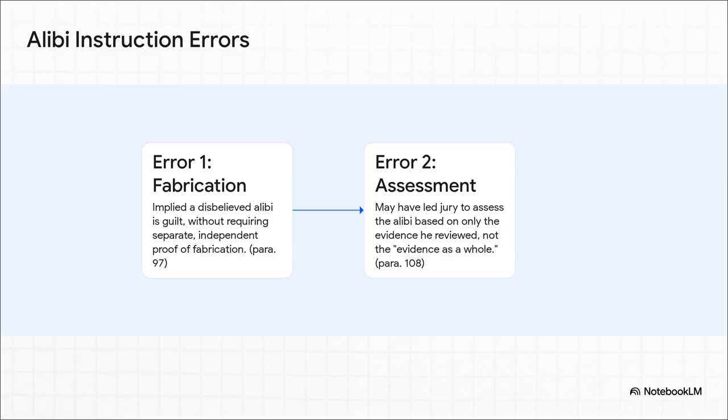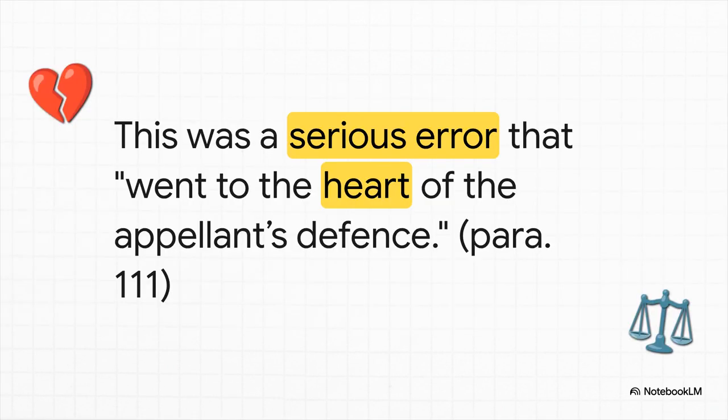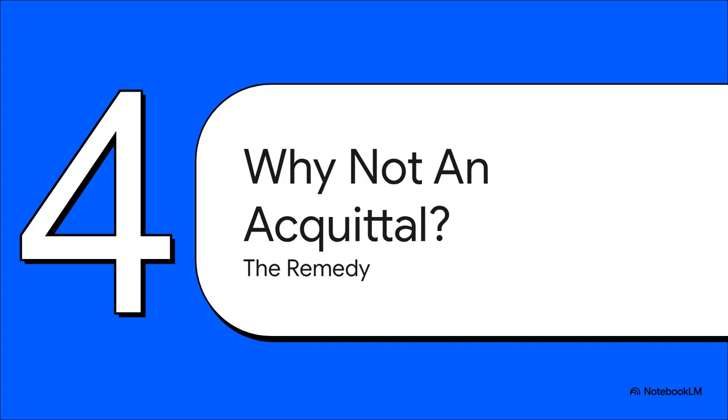That's a major legal mistake. And second, he wrongly limited what evidence they could even look at when considering the alibi. This wasn't some minor technical issue. The court said this error went to the heart of the defense. The judge essentially took the defendant's biggest shield, his alibi, and told the jury they could use it as a sword against him.